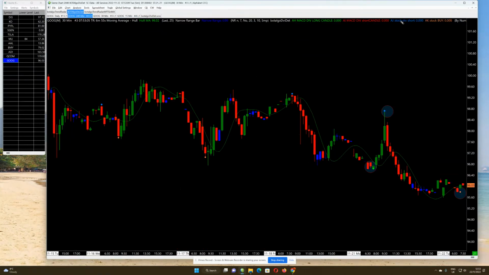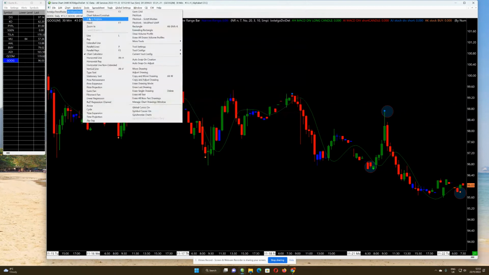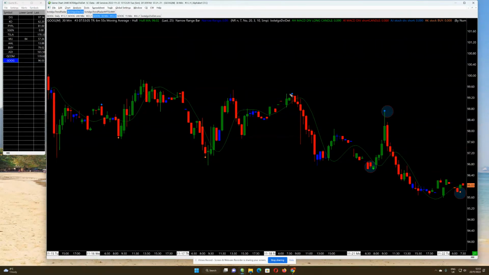And I'll just bring this up to show you what's happening here. So if we were to look to put a trend channel on this, just between these two, realistically, we'd be looking to come back up to 98. And obviously if it breaks 98, so that'd be your first target here, around about this point.